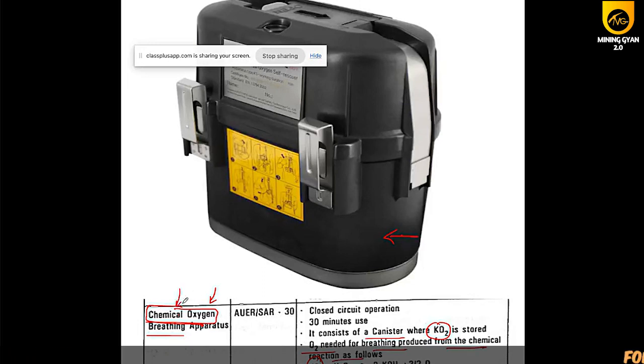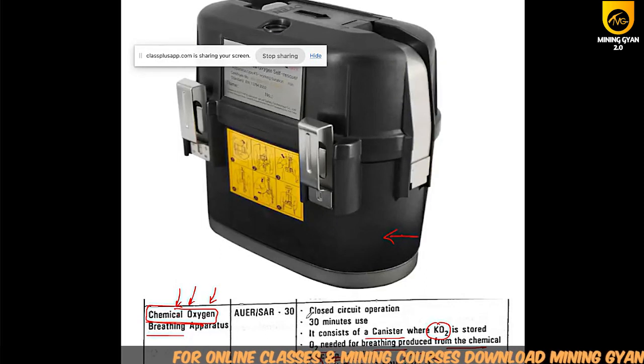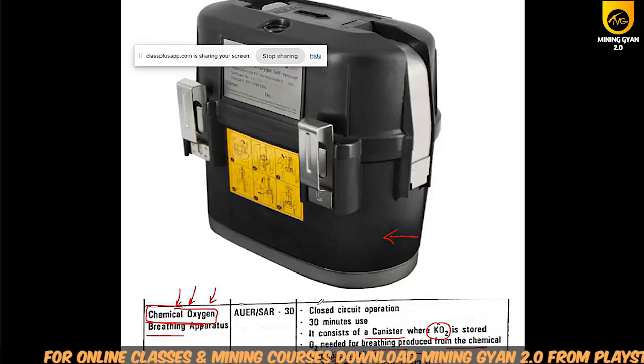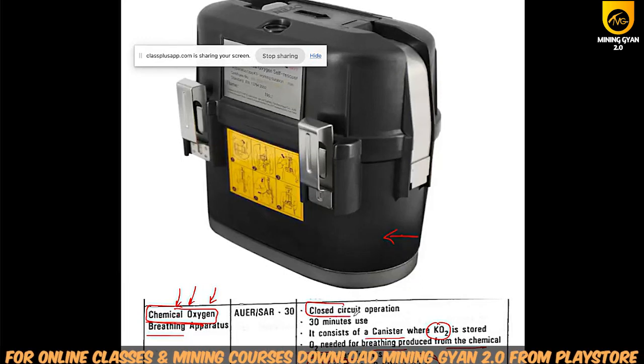In this apparatus, a chemical reaction goes on, and when CO2 and water react, it forms oxygen. The chemical oxygen breathing apparatus is also closed circuit operation, and you can only use it for 30 minutes.